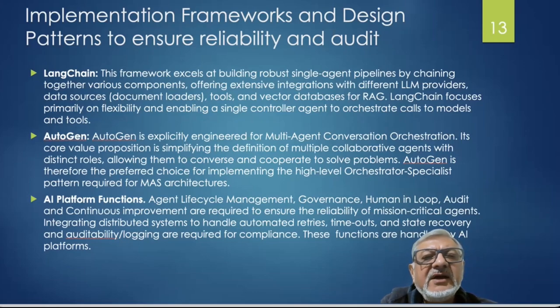Autogen is explicitly engineered for multi-agent conversation. It has a centralized orchestration agent which can orchestrate between multiple autonomous agents and help them solve a cooperative problem. Autogen is therefore a preferred choice for implementing the high-level orchestrator specialist pattern required for MAS architecture.